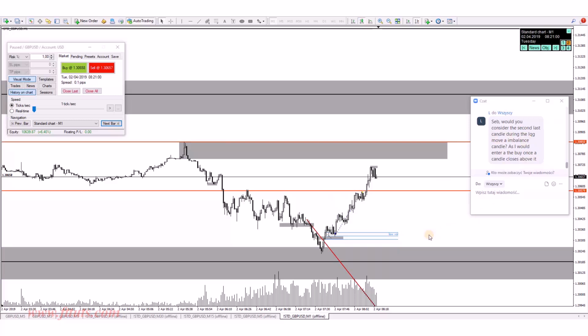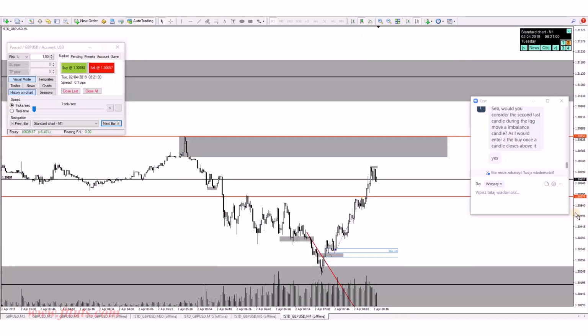Lim is asking, Seb, would you consider the second last candle during the liquidity grab move as an imbalance candle? As I would enter the buy once a candle closes above it. The second last candle, you mean this one, right? Yes, this could be very aggressive.